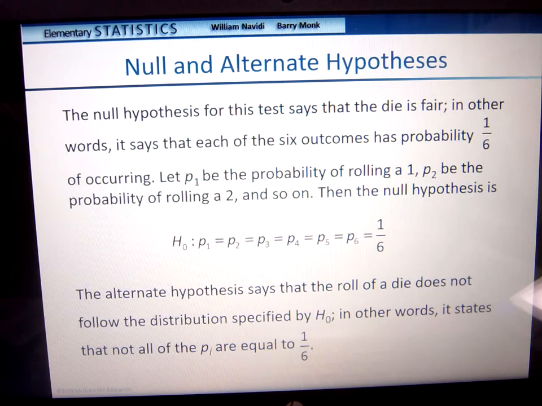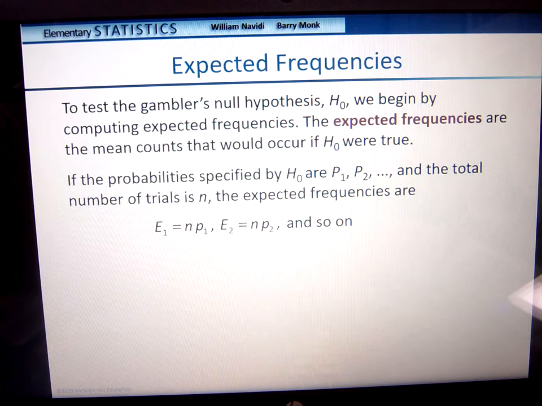The alternate hypothesis says that the roll of the die does not follow the distribution specified by the null hypothesis. In other words, not all of the p sub i's are equal to 1/6. So we're saying something's wrong with the die. Maybe. We're going to test it.